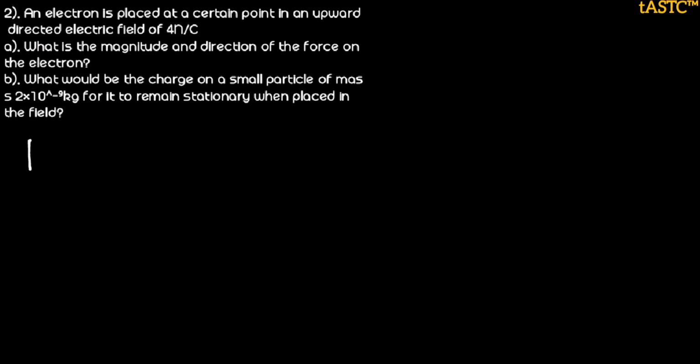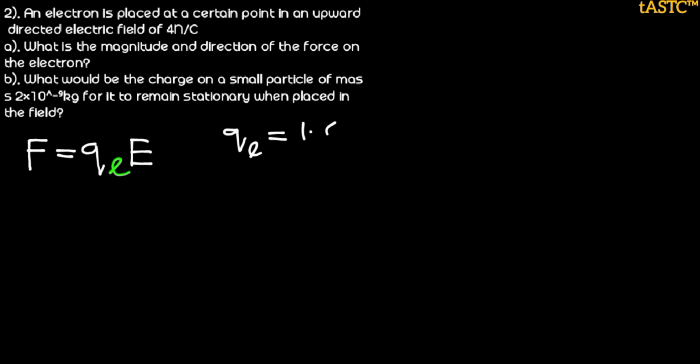Now electric force can be represented as the charge multiplied by the electric field intensity. We got the electric field intensity as this. In this case, the charge is that of an electron, so that will be Q sub e multiplied by E. Now, what is the charge of an electron?